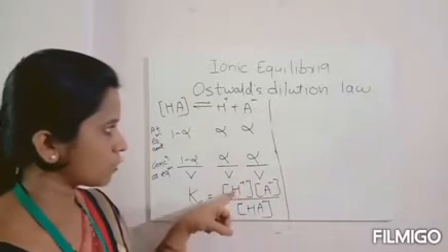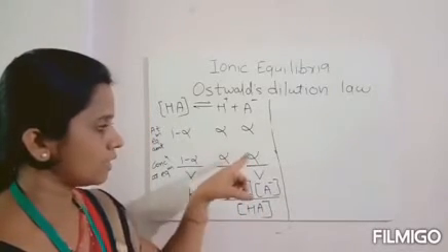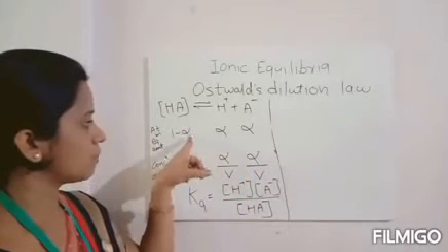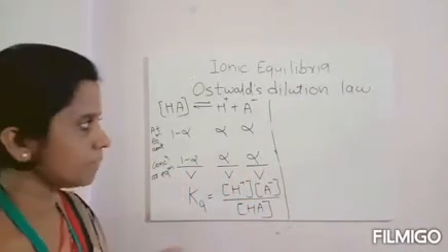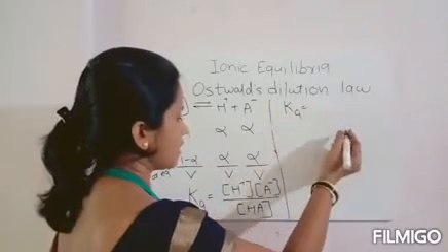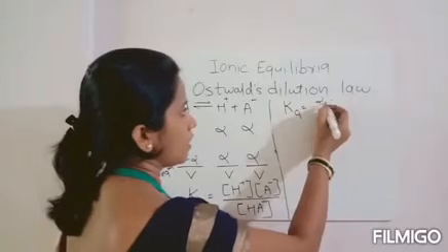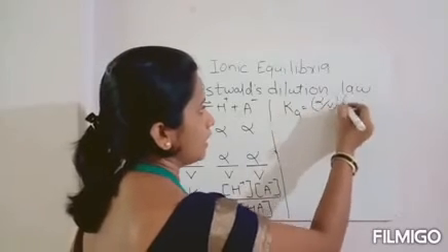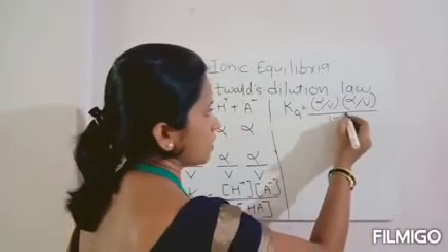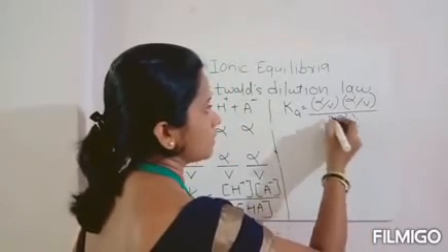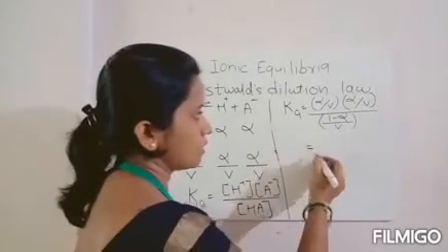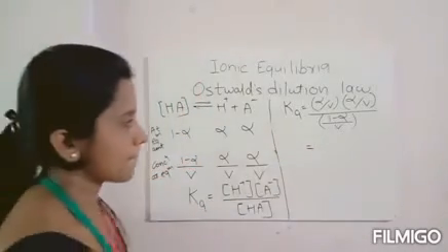Substituting, Ka is equal to alpha divided by V into alpha divided by V, the whole divided by 1 minus alpha divided by V.